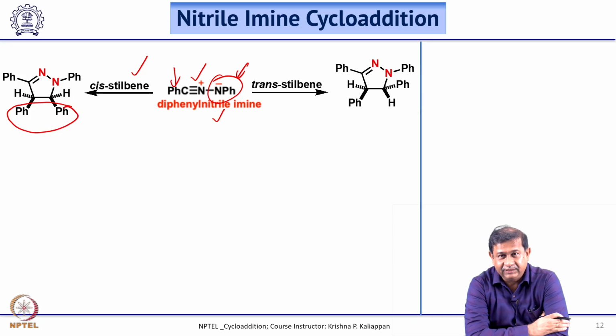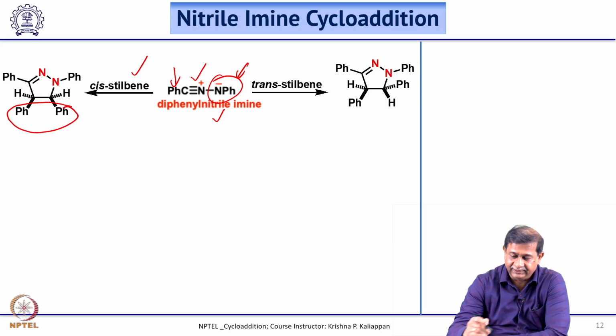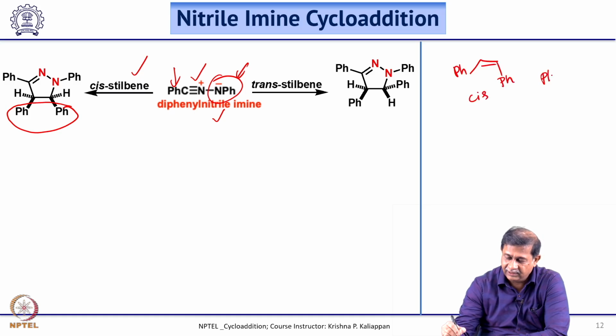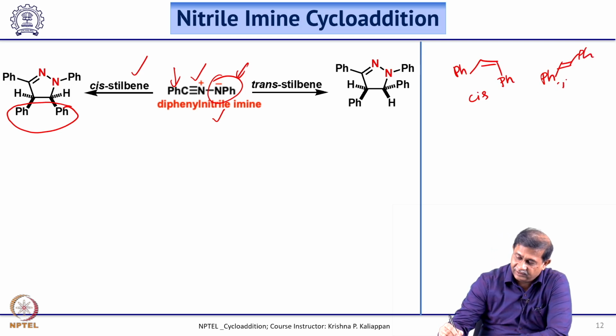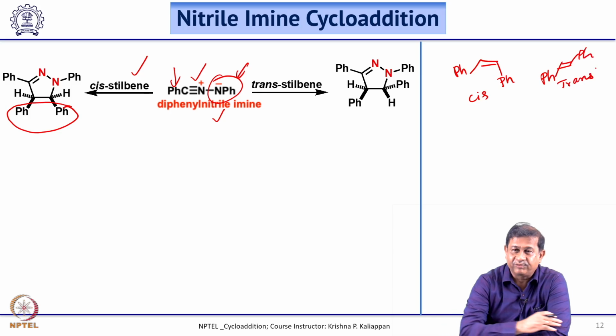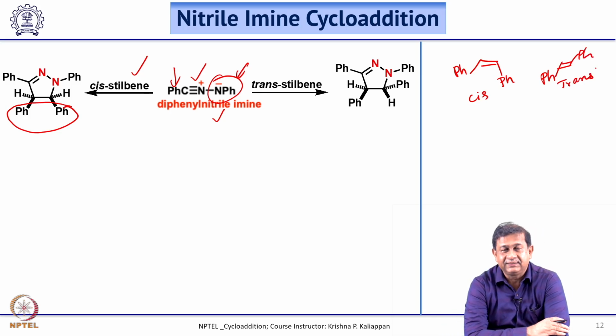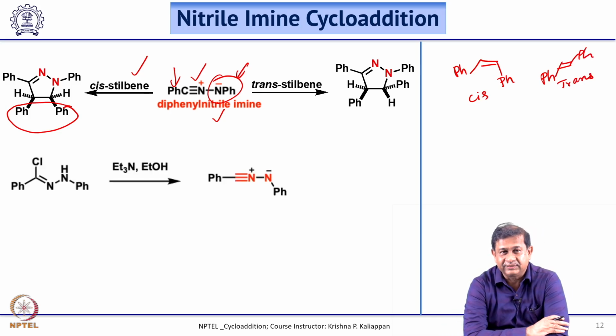And if you treat with trans-stilbene, then the trans stereochemistry is retained. As you know, this is cis-stilbene, and this is trans-stilbene. Okay, whatever stereochemistry the dipolarophile has, that can be easily retained in the 1,3-dipolar cycloaddition product.